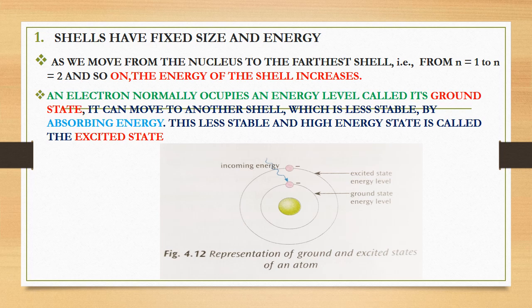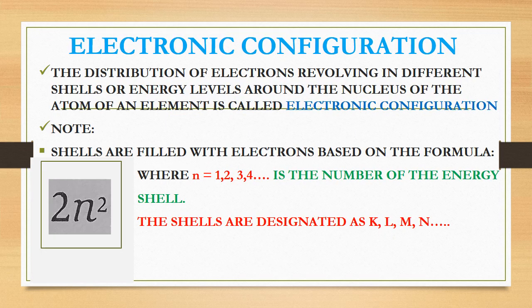Once this electron absorbs the energy, it gets excited and it then jumps to the next energy level, that is L. From K it will jump to L, and then this state of an atom is said to be excited state, and the energy level would be excited state energy level. I hope I am clear.